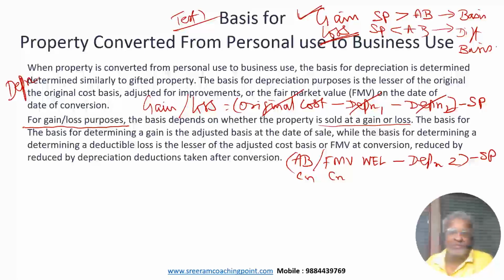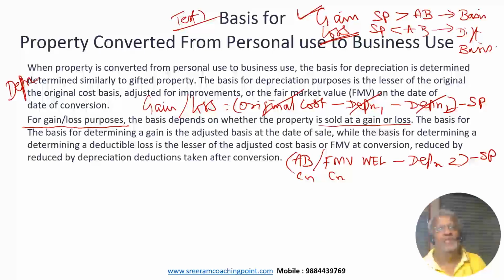For that purpose, it is to be taken up as the adjusted basis till the date of conversion, or fair market value on the date of conversion, whichever is lower. That figure is going to be the basis for the depreciation to be charged after conversion.